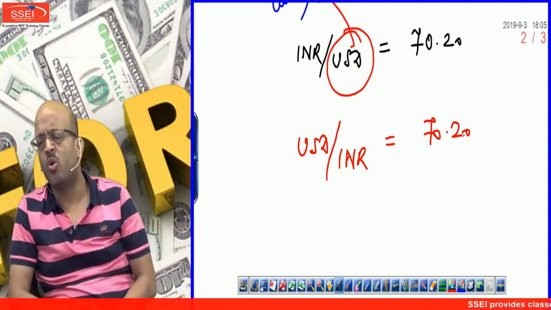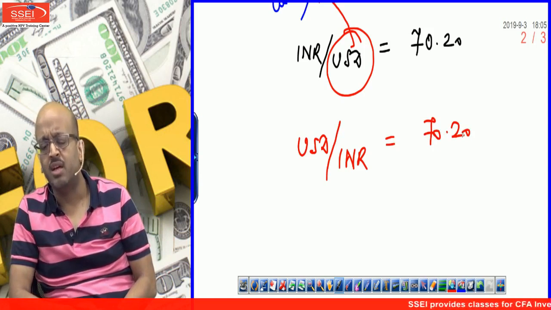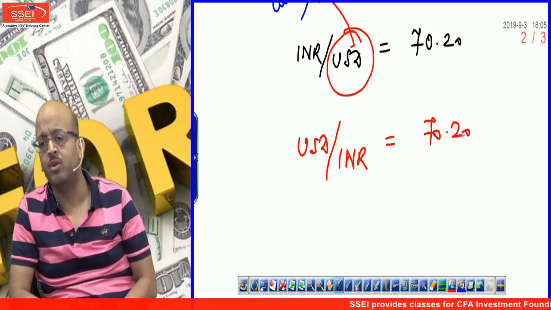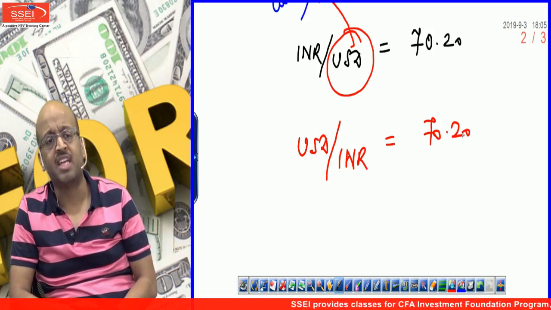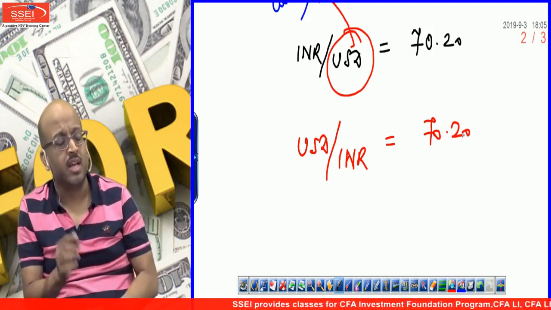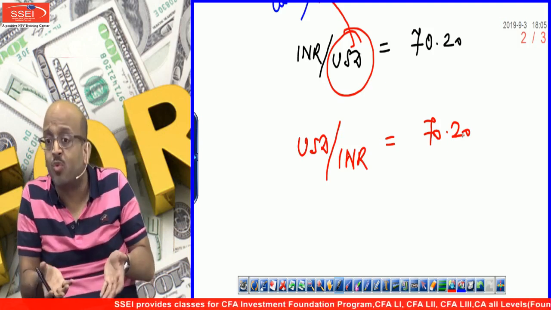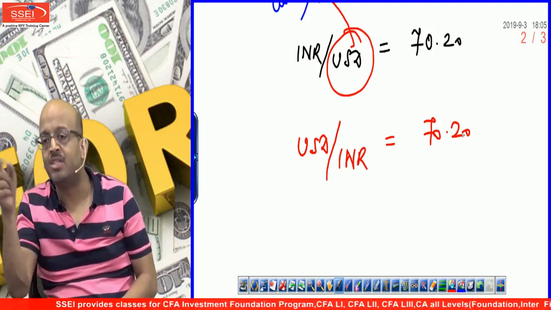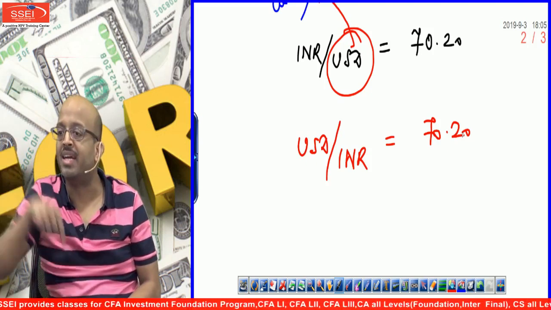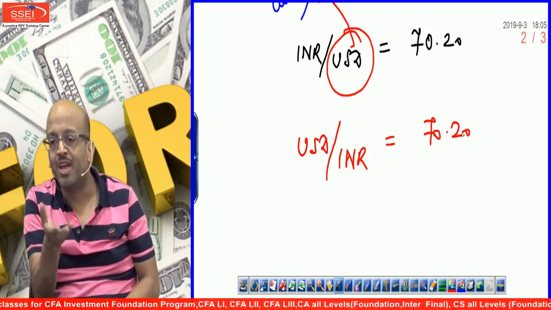It would be so wrong for any of you to think that, sir, you should have written 1 by 70.2. If it came in anybody's mind sitting over here, sir, you should have written 1 by 70.2, because we have learned from class 1 and 2 that if x by y is equal to something, y by x is 1 by that thing. We are not talking about that.